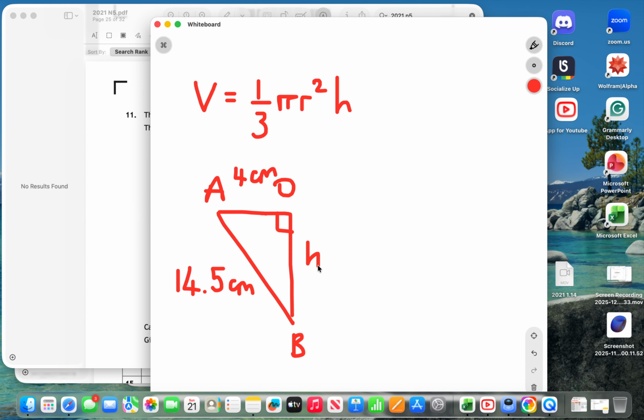So let's do this. So AB is the hypotenuse, it's opposite the right angle, so we know AB squared equals AO squared plus OB squared.